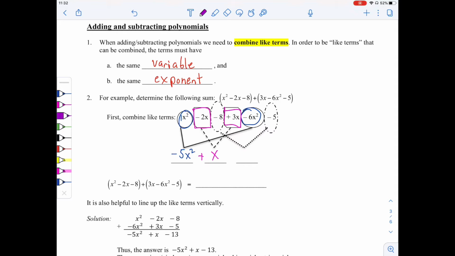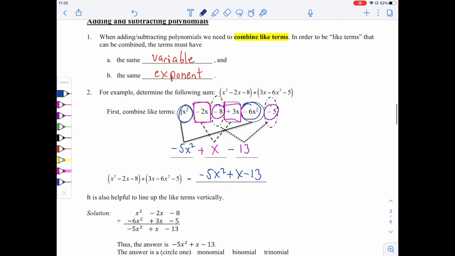And then we have our next numbers. Negative 8, negative 5 put together, that's negative 13. So these two added together will be negative 5x squared plus x minus 13. Okay, that's one way to do it, by combining like terms.